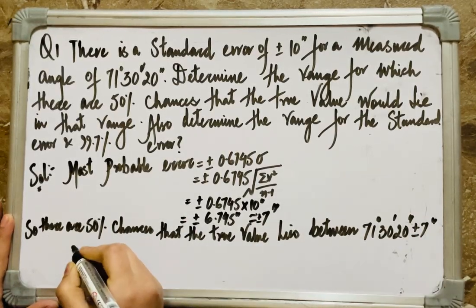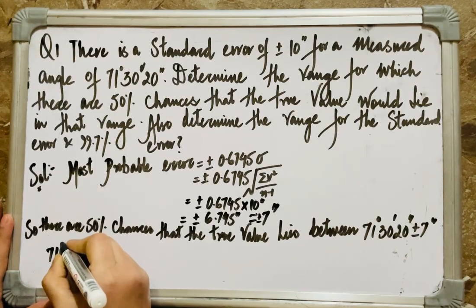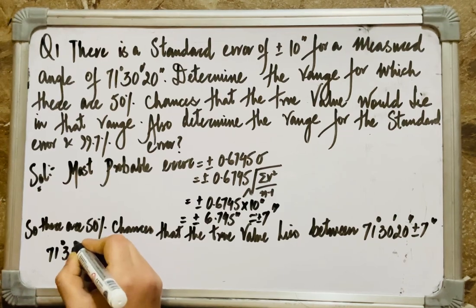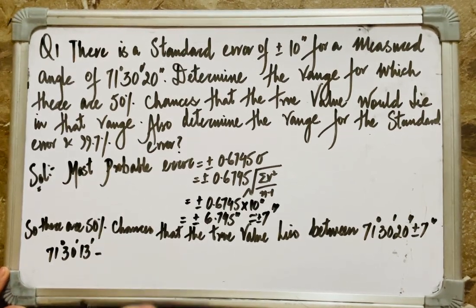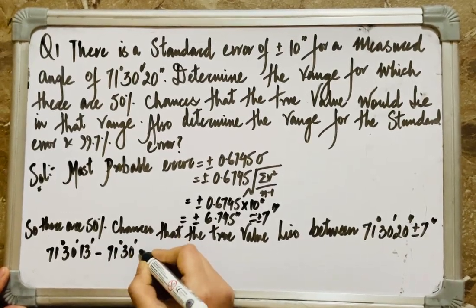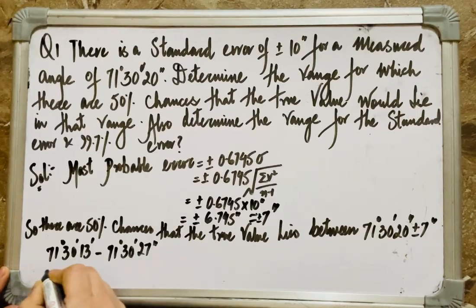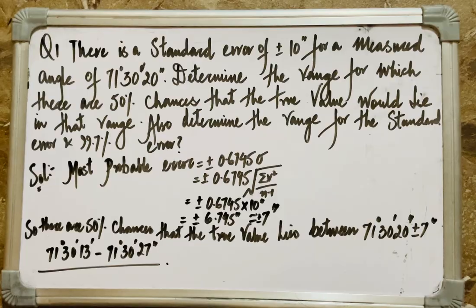So the range is between 71 degrees, 30 minutes and 13 seconds to 71 degrees, 30 minutes and 27 seconds. This is the range in which there are 50% chances that the true value would lie.